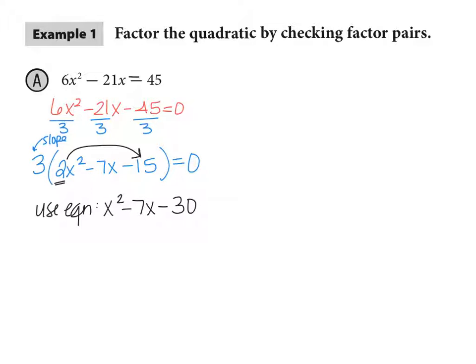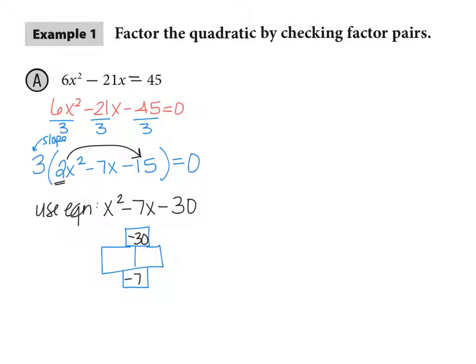All right, so if that's our equation, and I go to make my pattern, if I draw my little puzzle out, I'm trying to pick two numbers that multiply to give me negative 30 and add to give me negative 7.